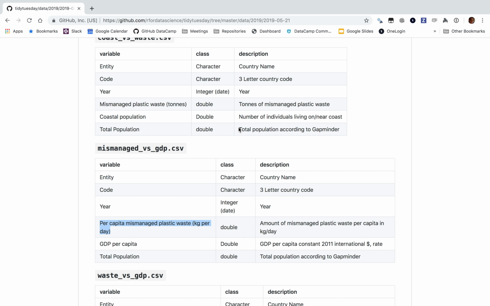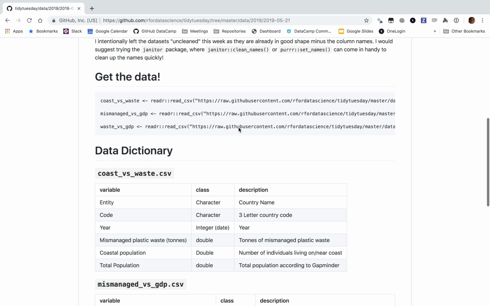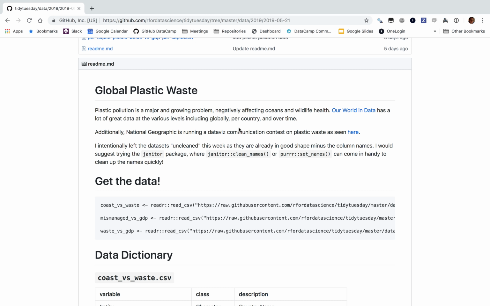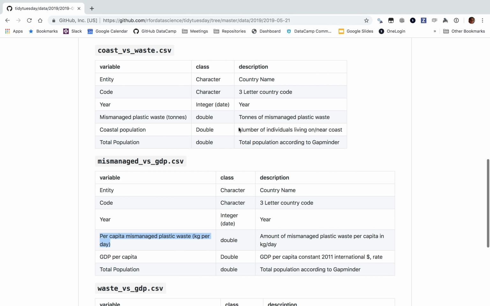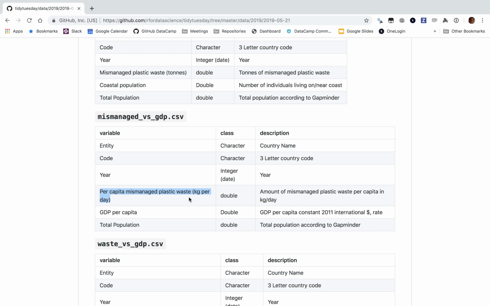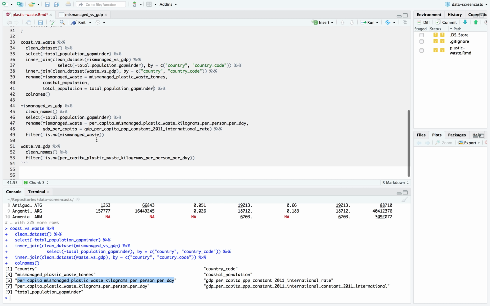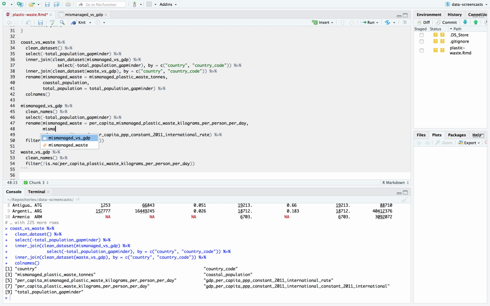All right. So you might be able to say, is there more mismanagement for countries that have large coastal populations? Is there a reason for that? Does it get dumped in the adjacent ocean? I'm not sure. We'll take a look at that. I'm going to call it mismanaged per capita.